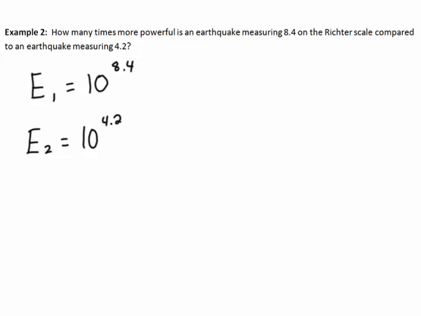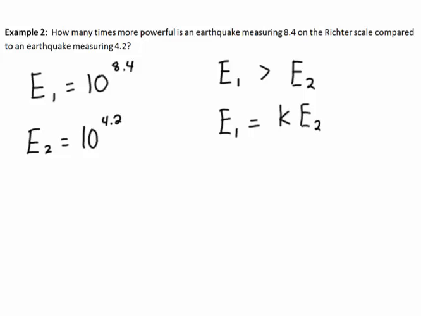And if that's the case, we know that earthquake 1 must be greater than earthquake 2. It's a larger value. And if we wanted to write this as an equation, that means earthquake 1 is equal to some constant value multiplied by earthquake 2.